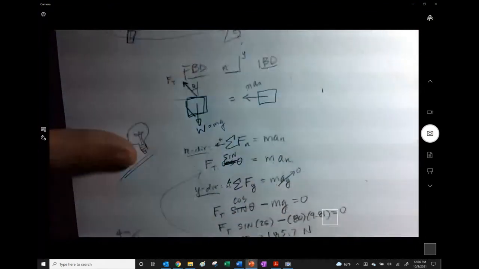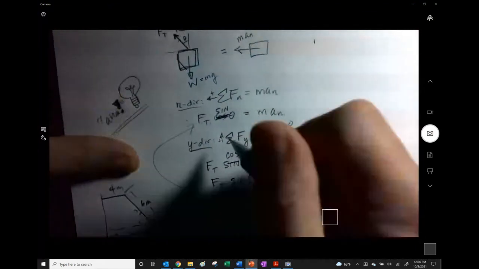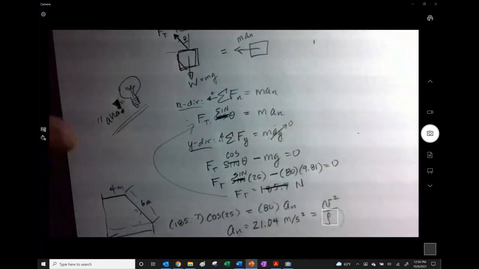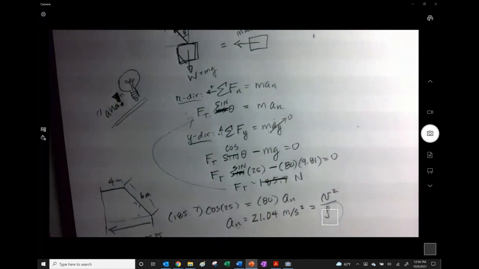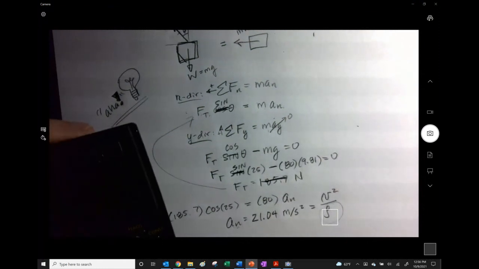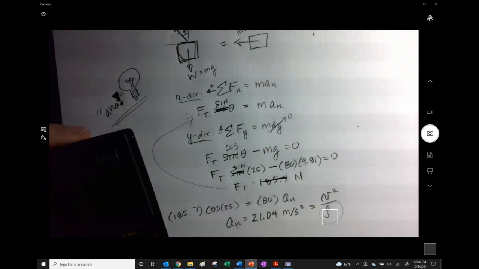That's really the angle. So sine, fix that, and so the values are going to be 9.81 times 80. And now we're going to take the sine of 25.